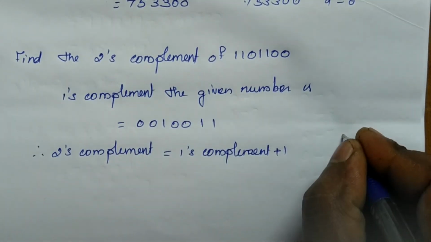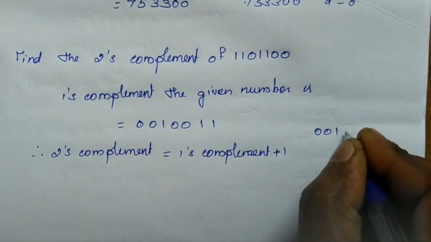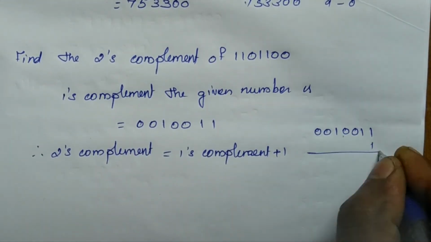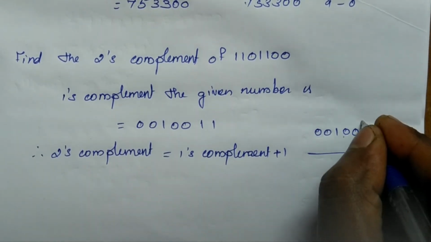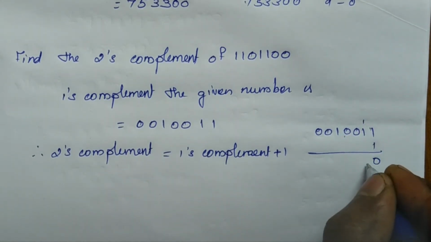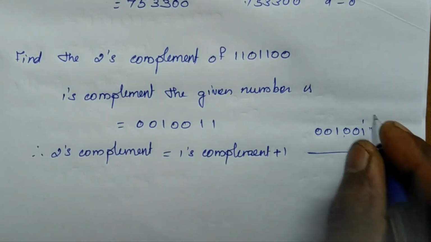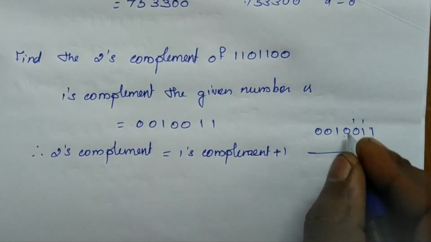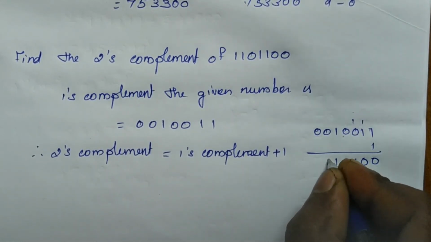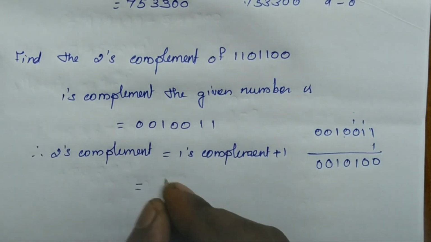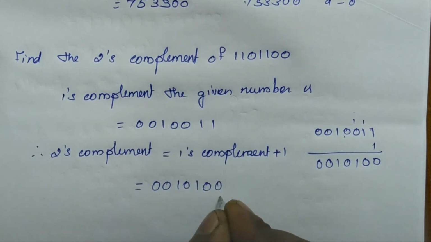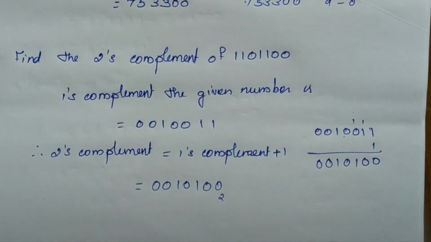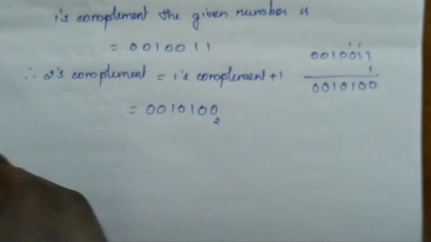So by adding 1, 1 plus 1 is 0. Therefore here 0, we have carry equal to 1. Again 1 plus 1, it's 1 0, 0 carry 1. So here we will have the value 1. Here 0, here 1 0 0. Therefore the two's complement value is 0 0 1 0 1 0 0. This is the two's complement of the given number. You can work out this problem.